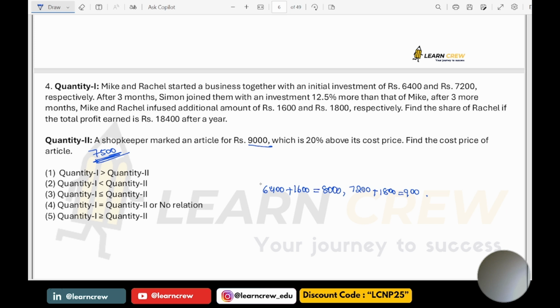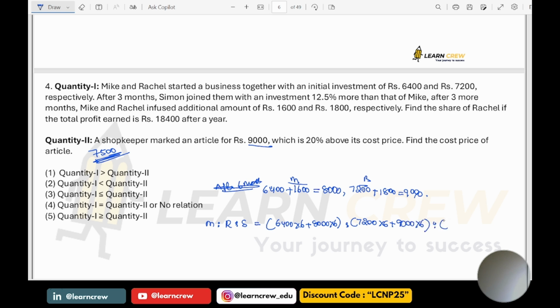This is after 6 months. After 6 months, Mike's and Rachel's investments change. Thereby the total investments of Mike, Rachel and Simon would be: Mike 6,400 into 6 plus 8,000 into 6, whereas Rachel 7,200 into 6 plus 9,000 into 6.